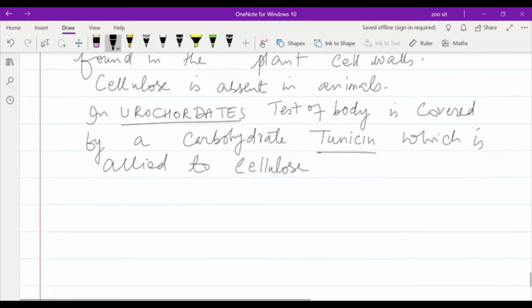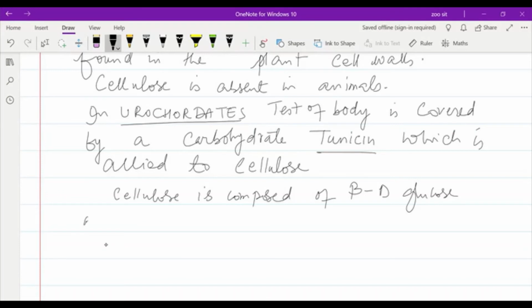So cellulose is composed of beta D-glucose units. Everywhere in cellulose, the carbohydrate units are glucose, but they are beta D-glucopyranose units, which are linked together by beta-1,4 glycosidic bonds.